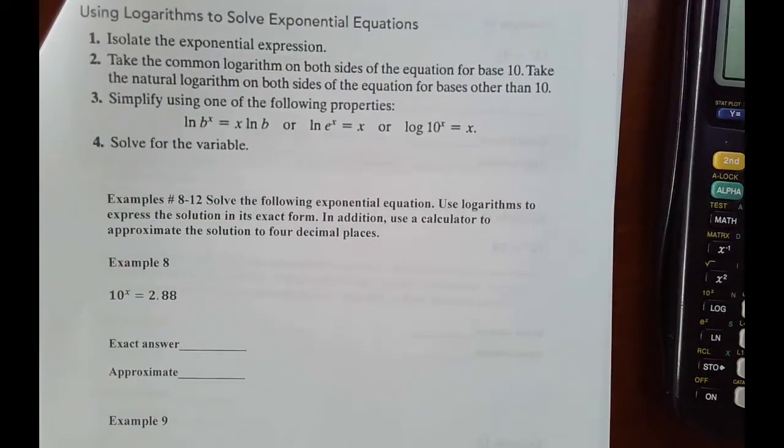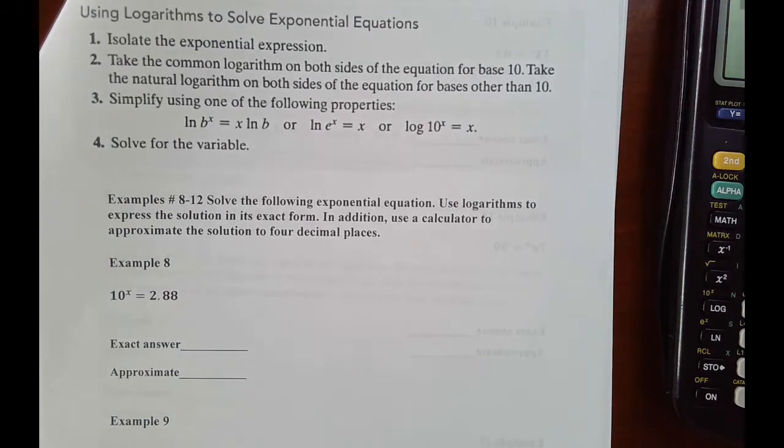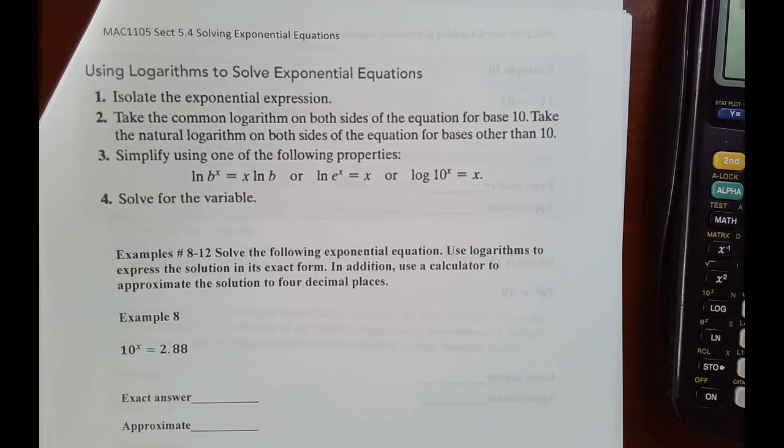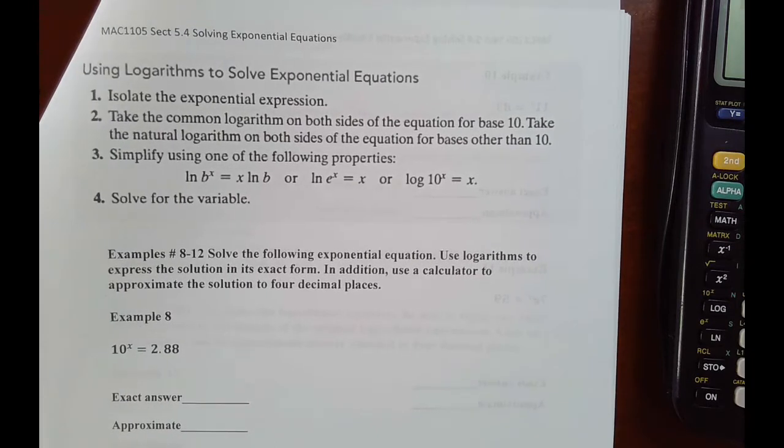Okay, now we move to a different form where we will be using a different procedure in order to solve the problem. We're still going to be looking at problems where you'll see a base and an exponent, only it will not be possible to rewrite the other side using the same base, therefore the need for a different procedure.